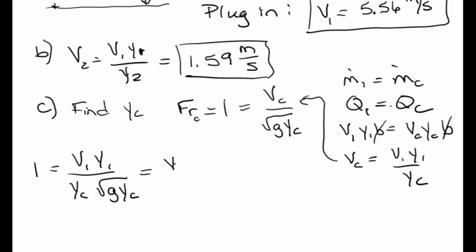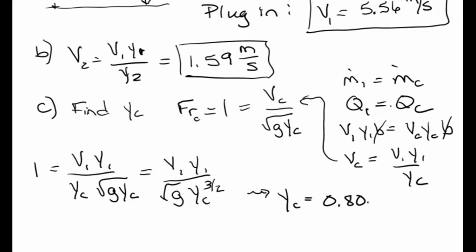That's equal to V1 Y1 over square root of G Y critical to the 3/2. Just rearranging, I can solve that. Y critical is equal to then 0.80 meters, 80 centimeters.